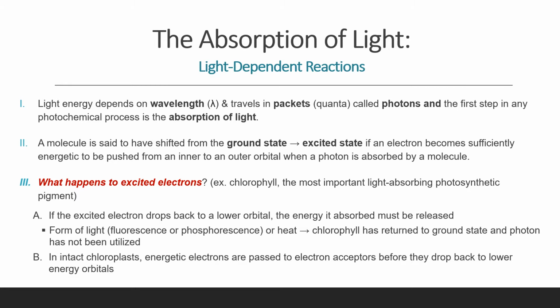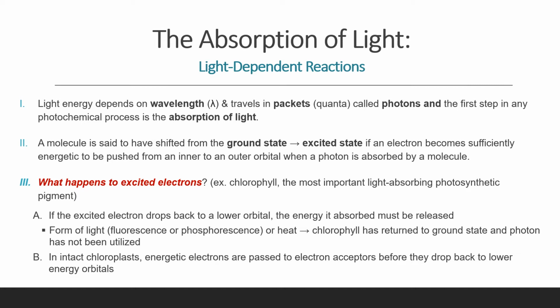The first step in any photochemical process is the absorption of light. So again, we have the wavelength depicted by lambda, the packets called quanta, and the presence of photons. When there are photons, it just means that there is light absorption.